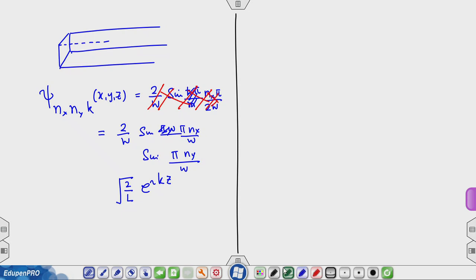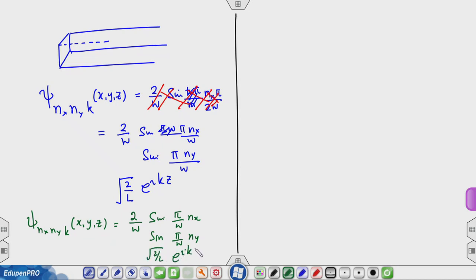Let me write it neatly once more. So, psi n x n y k of x, y, z equals 2 over w sine pi over w n x, sine pi over w n y, square root of 2 over L, e raised to i k z.